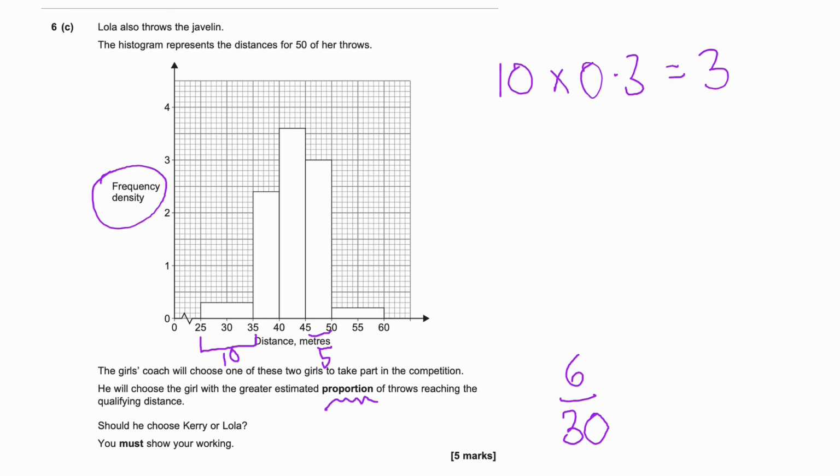But in this case, Lola's done 50 throws, and again, if we're looking at over 48 metres, we want to work out what proportion of throws Lola is getting over 48 metres. So we need to work out from these the number of throws over 48 metres.